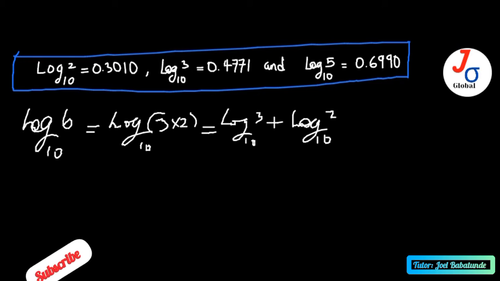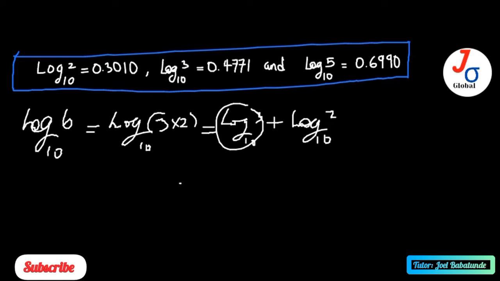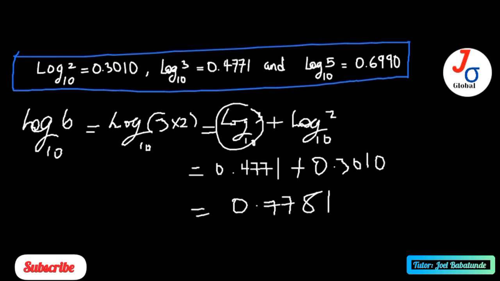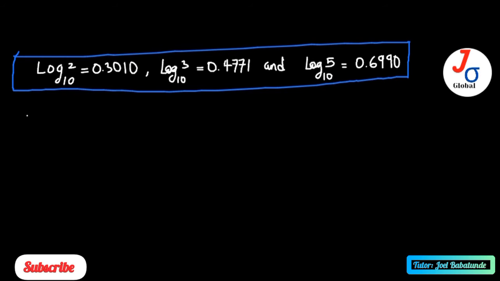And so I know that log 3 is 0.4771 plus log 2 base 10, which is 0.3010. Adding that up, I have 0.7781. So that's my answer. All right, let's see another example.